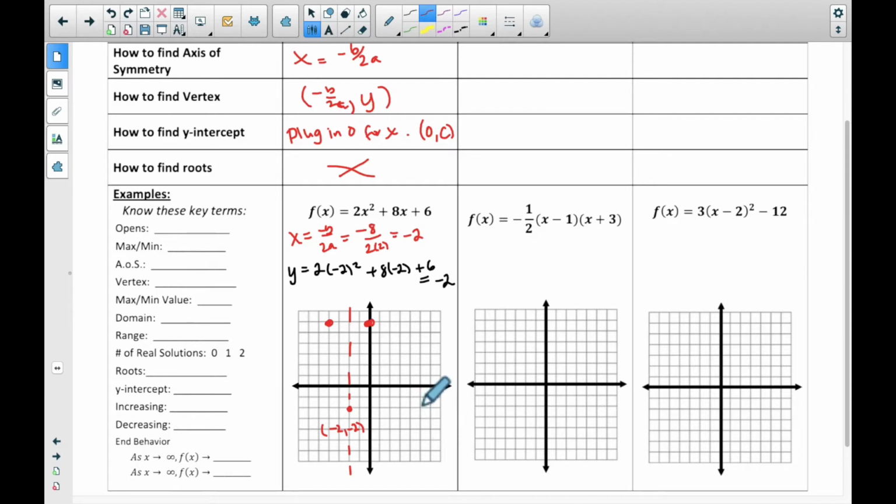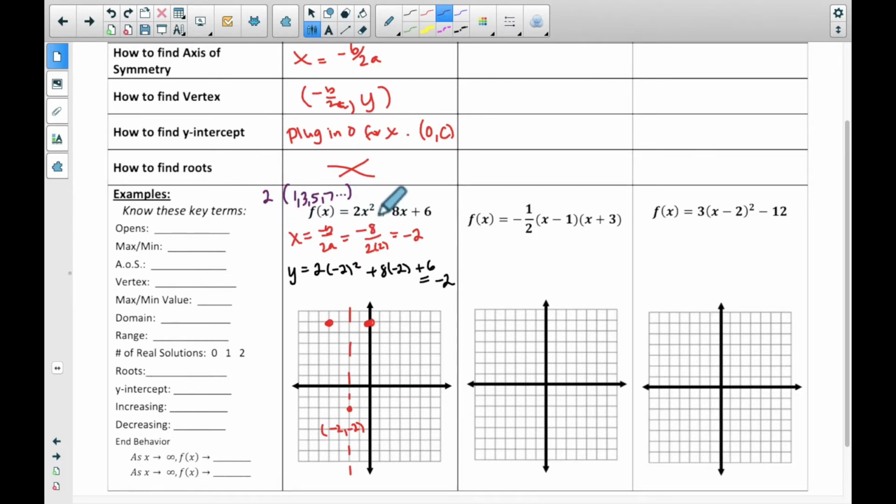But what we do know is that odd number rule that we talked about the other day. Remember, the odd number rule says that you take from your vertex, you go up 1 and then up 3 and then up 5 and then up 7. Except here we have a 2, so we have to multiply this times 2.